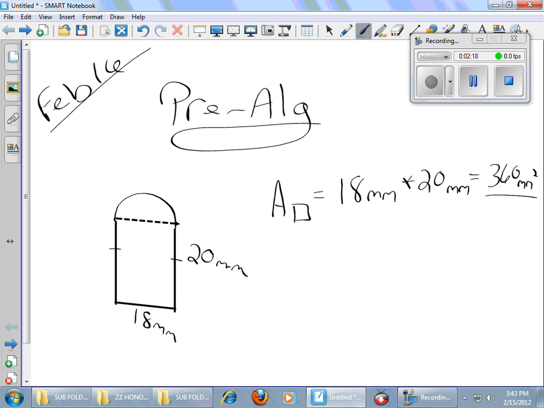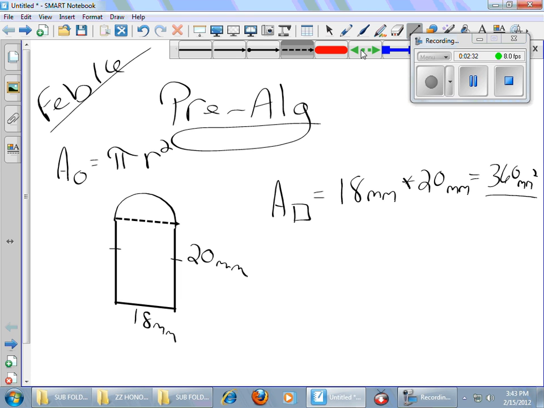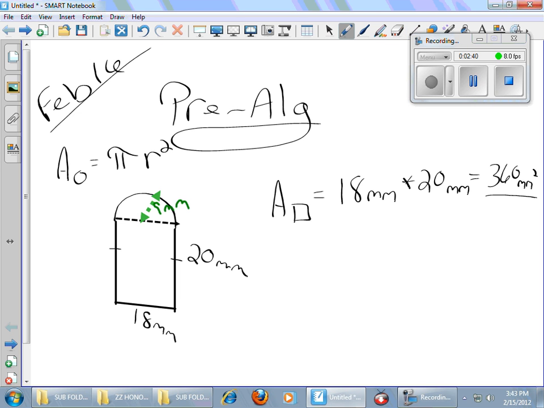Okay, but now I need the area of the half circle. Well, remember that to find the area of a circle, I need pi, and we're using 3.14 for pi, times the radius squared. Do I know the radius? No, but I do know the diameter. The diameter is 18. Well, if the diameter is 18, then the radius must be half of that, and therefore the radius must be 9 millimeters.